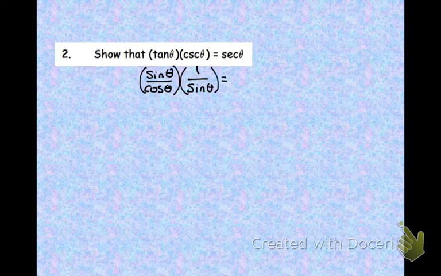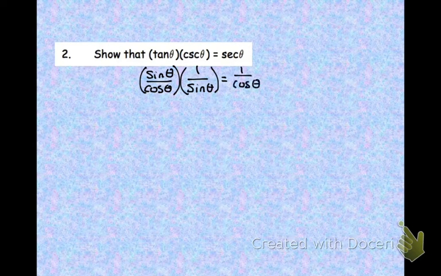So tangent is sine over cosine. Cosecant is 1 over sine. And secant is 1 over cosine.